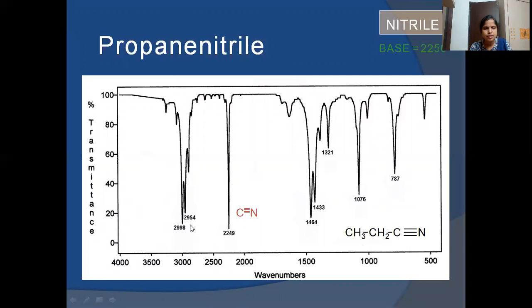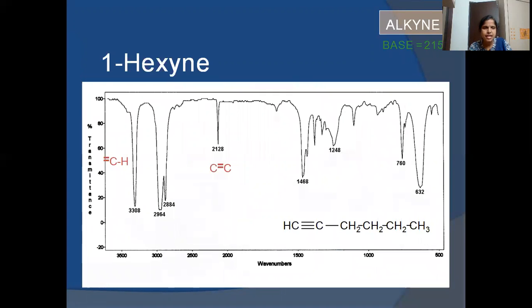And again, these are the same sp3 CH just below 3000. Then 1464, 1433, these all are bending vibrations. Then 1-hexyne. At 3308, this is the C triple bond C-H, the sp carbon H vibration.